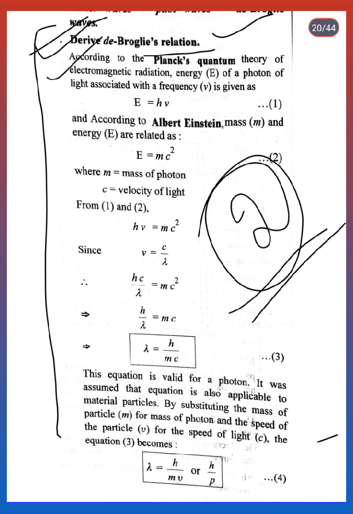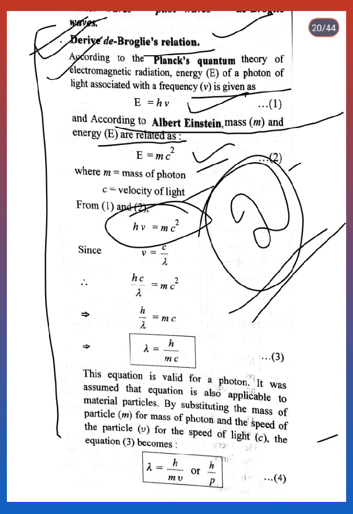According to Planck's quantum theory, the energy of a photon of electromagnetic radiation is related to the frequency as E is equal to h mu, and according to Albert Einstein, the mass-energy relationship is E is equal to mc square, where m is the mass of the photon and c is the velocity of light. So from 1 and 2, when we equate the energy values, we get h mu equal to mc square.